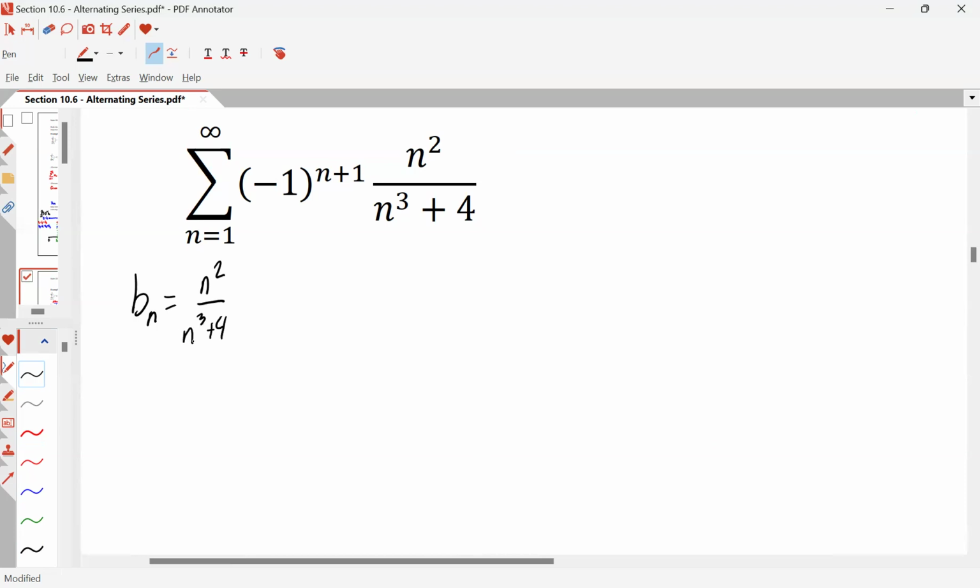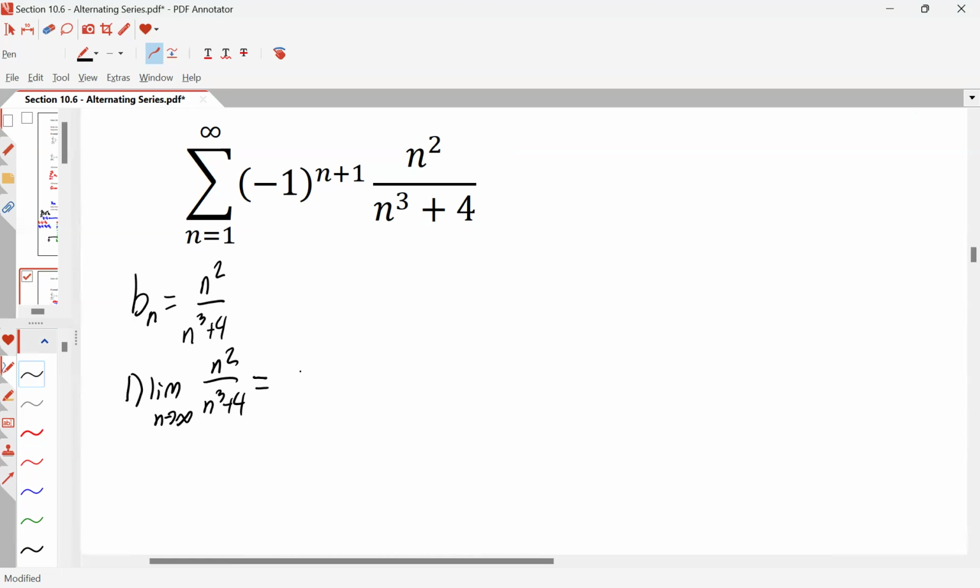This is a positive sequence. So first we want to look at the limit as n goes to infinity of b sub n, n squared over n cubed plus 4. And yes, a lot of times these don't need much proving.